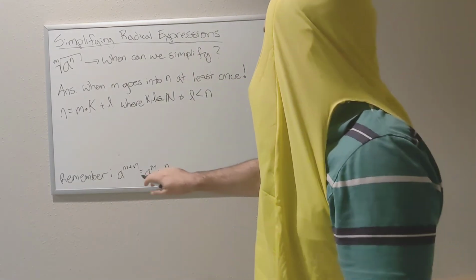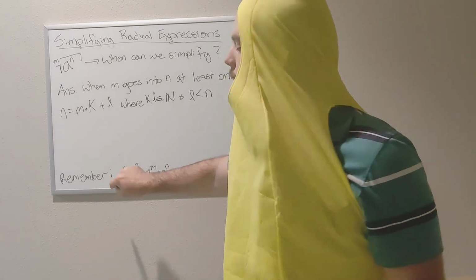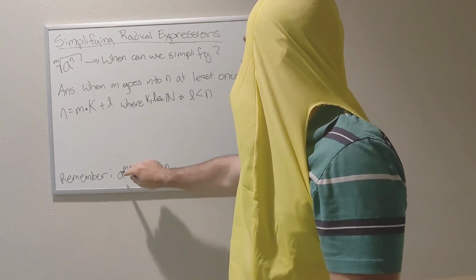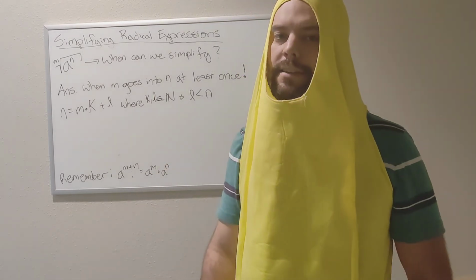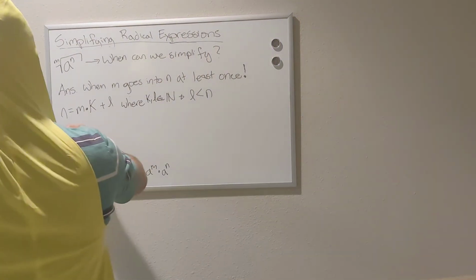Okay, so now how do we apply it to our situation? We will also want to remember this property of exponents when we're utilizing this feature. We want to remember that a to the m plus n is the same thing as a to the m times a to the n. We're going to see how this plays into it in just a second. But let's go back to our example.